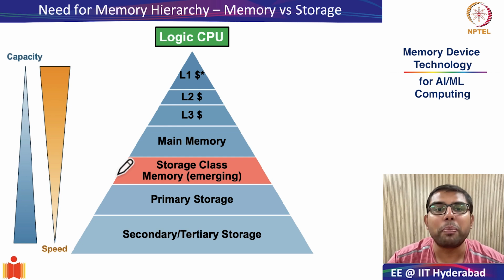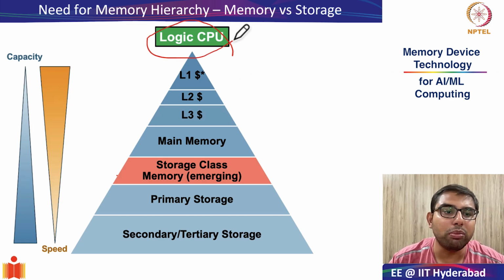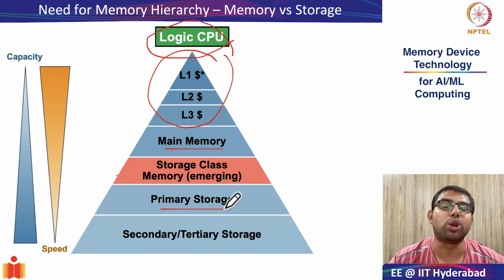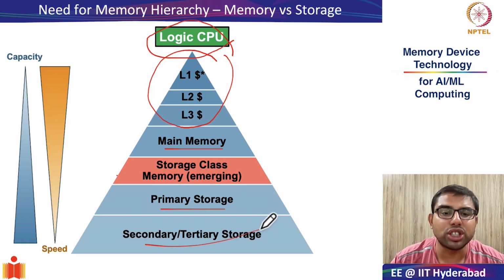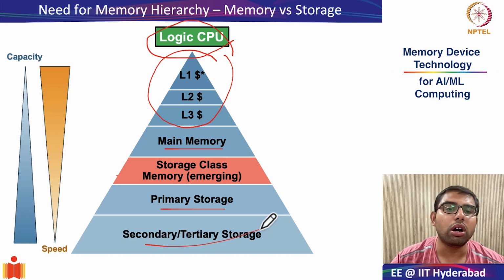Here I have presented the so-called memory hierarchy. At the top is your logic or CPU subsystem, followed by your L1, L2, and L3 caches, your main memory, and your primary storage. You also have your secondary storage in server kind of systems, but your caches, main memory, and primary storage are your primary elements of memory and storage in modern day computing systems.